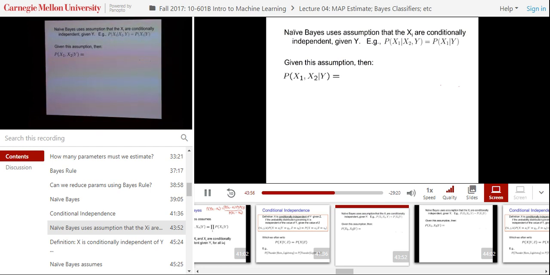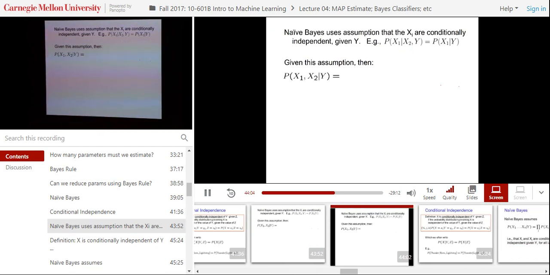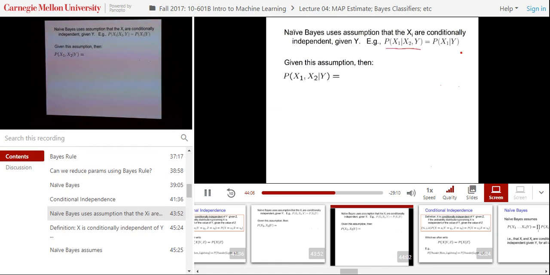If we say that x1 is conditionally independent of x2 given y, in other words, this, then what's it trying to do here?